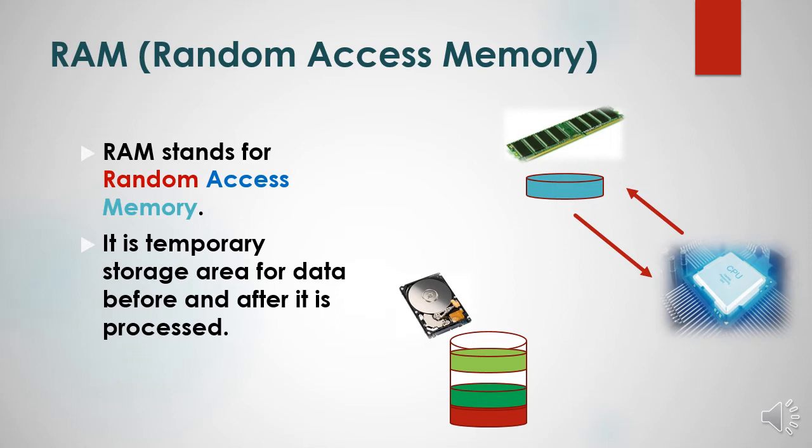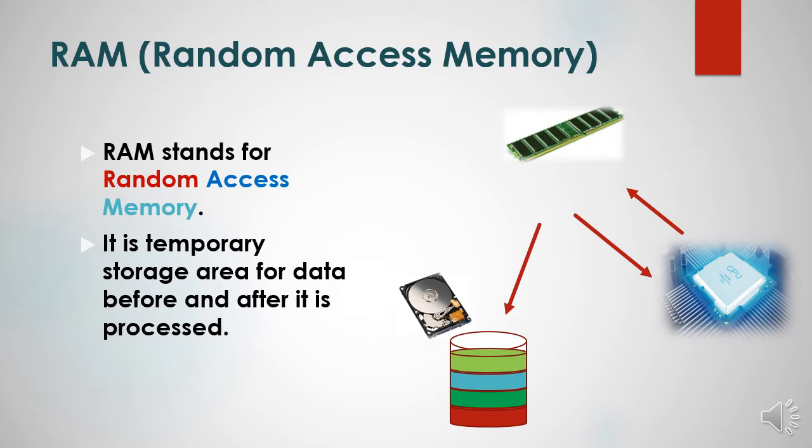Because RAM is a temporary storage area, if we want to save results permanently, then data can be stored into hard disk from RAM like this.